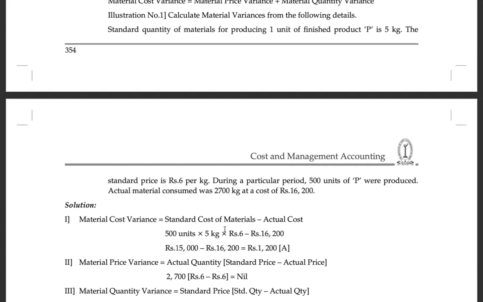So 6 into 5 into 500 is the standard cost of the materials, minus what you actually spent, 16,200. So 2,500 into 6 comes to 15,000 minus 16,200, which is equal to 1,200. The 16,200 is a negative value and this is a positive value, and you got 1,200 adverse.